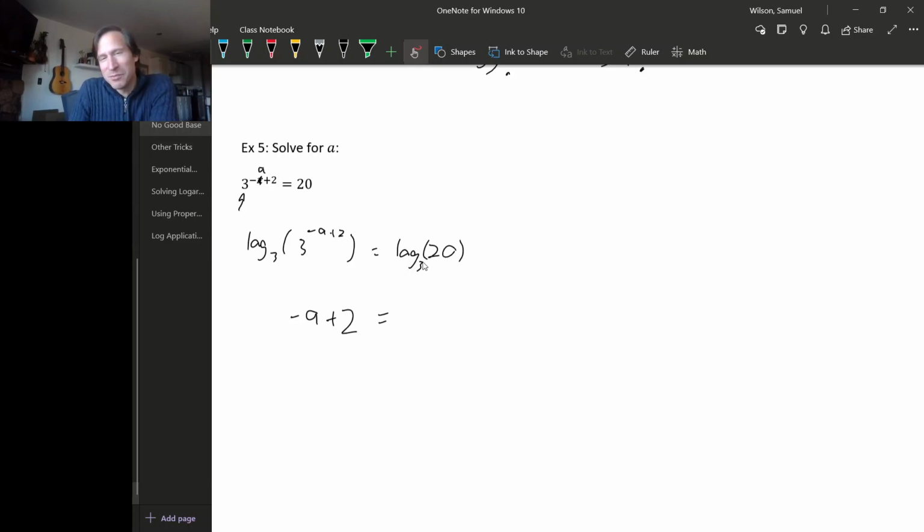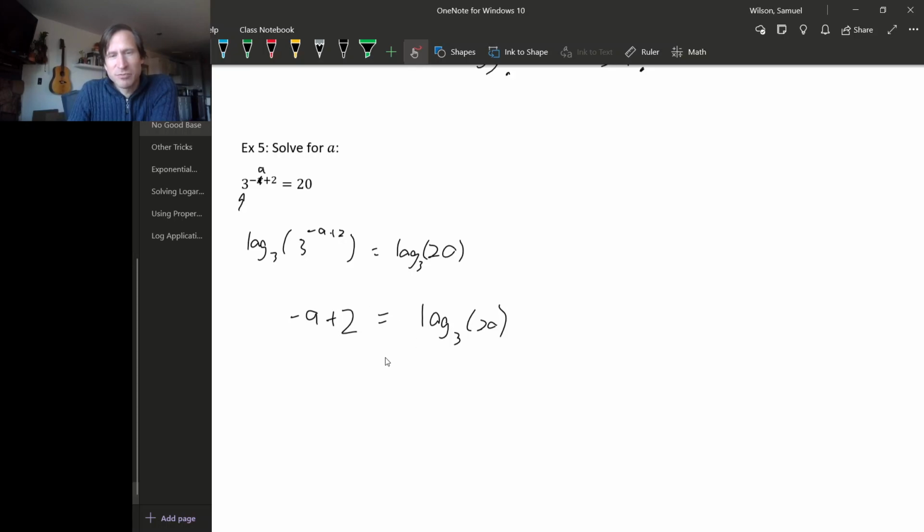It's hard to tell what number. It's between 2 and 3, I guess, because 20 is between 9 and 27. But other than that, it's hard to know. So we could leave it as it is, as log base 3 of 20, and then finish solving for a.